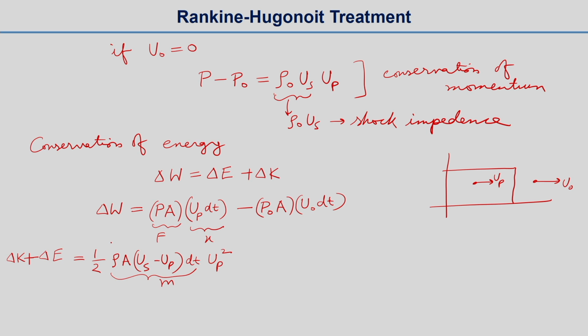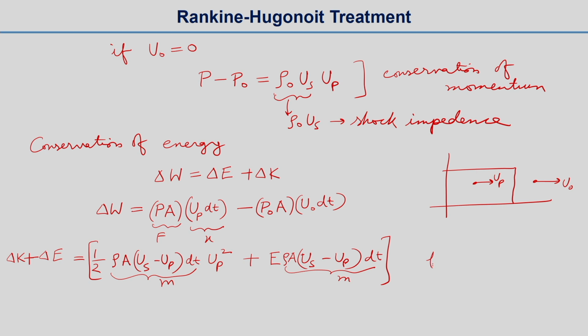So this is the final kinetic energy plus our final internal energy, which will be internal energy per unit mass multiplied by the mass, that will be density rho A (Us minus up) dt E. So this is also mass.